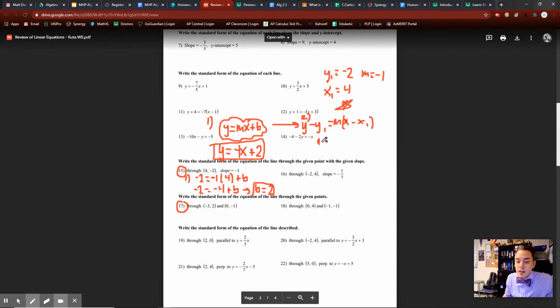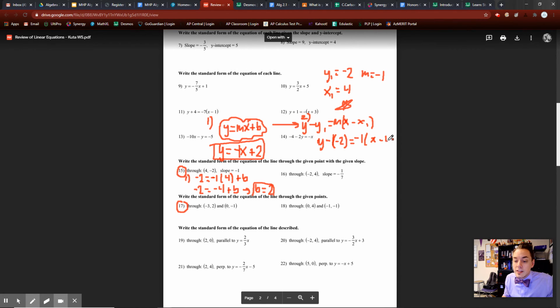Okay? Perfect. So let's start plugging everything in. So I have y minus, I have a -2. Notice my parentheses here, because I have to plug in that -2, but that's already a built-in negative. So this equals my m, which is -1, and then my x stays the same, and my x1 is 4.